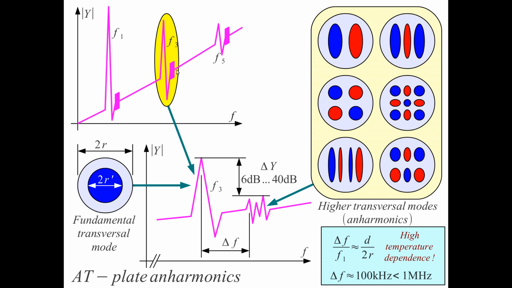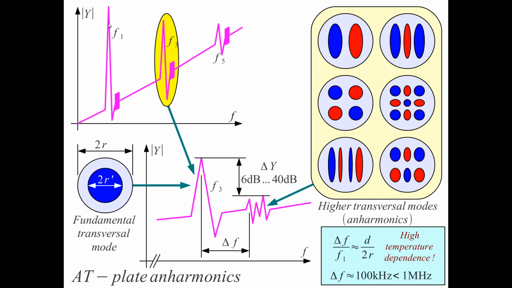For instance, if we take a typical quartz plate of 100 micrometers thickness and maybe 5 to 10 millimeters in diameter, these higher transversal modes, these anharmonics, will only happen between 100 kilohertz and 1 megahertz above the thickness resonance.